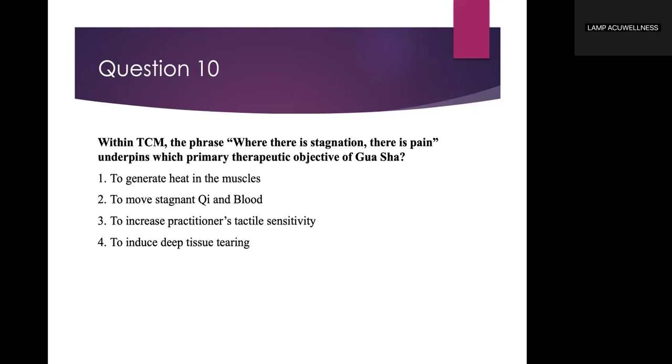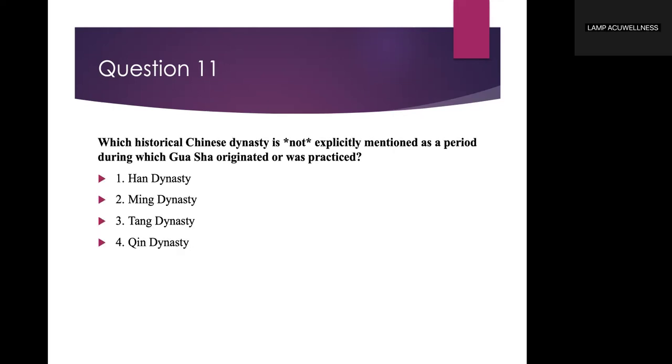Within TCM, the phrase, where there is stagnation, there is pain, underpins which primary therapeutic objective of gua sha? To move stagnant chi and blood. Which historical Chinese dynasty is not explicitly mentioned as a period during which gua sha originated or was practiced?